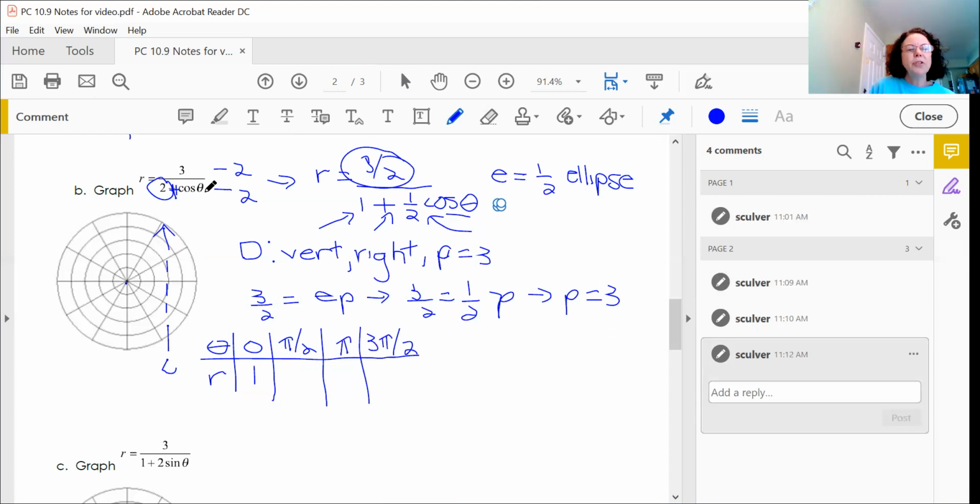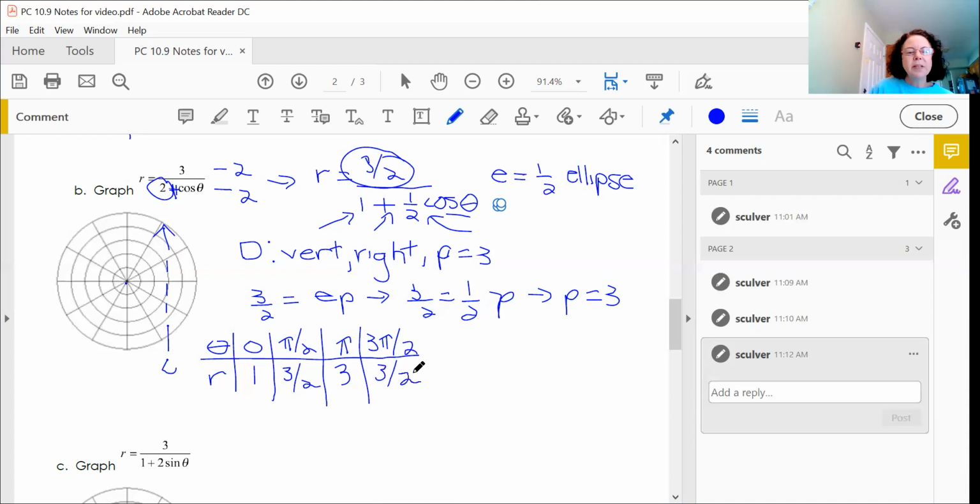When I put a pi over 2 in, cosine of pi over 2 is 0, and that would be 3/2. Cosine of pi is a -1, and 2 plus a -1 is a 1. 3 divided by 1 is 3. And 3 pi over 2, again, would get us a 3/2.